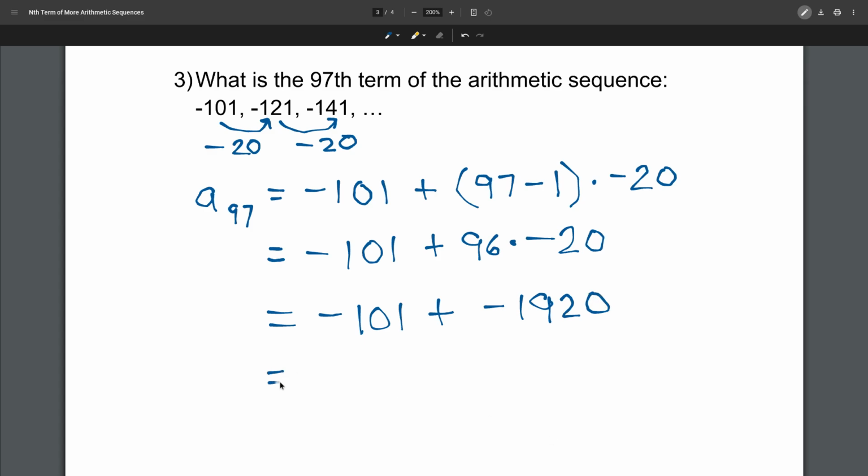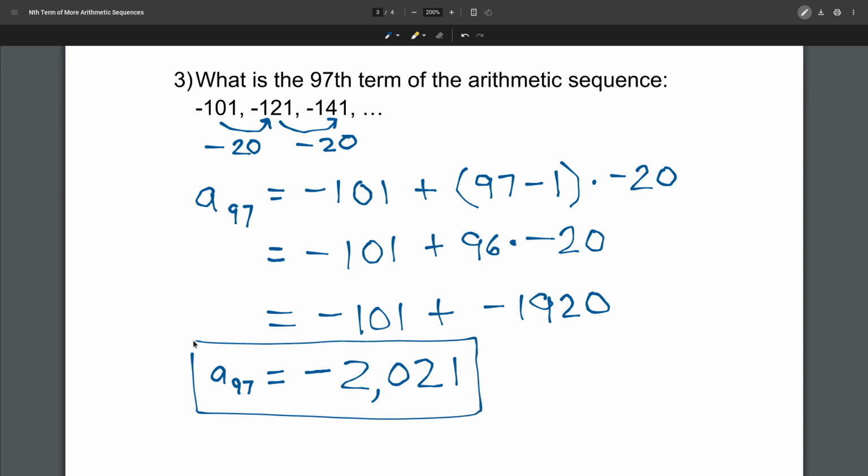Okay, so then if we add those two, we're going to get negative 2021. And that's the value of our 97th term. Okay, let's try one more.